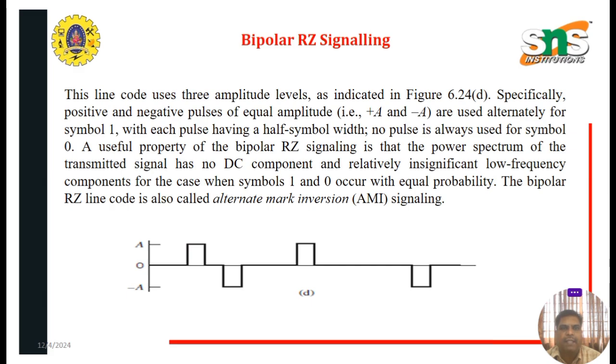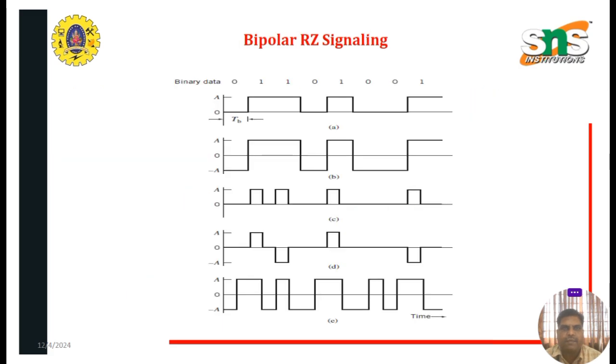A useful property of bipolar RZ signaling is that the power spectrum of the transmitted signal has no DC component and relatively insignificant low frequency components when symbols 1 and 0 occur with equal probability. The bipolar RZ line code is also called alternate mark inversion signaling, that is AMI. Here figure D shows the bipolar RZ signaling.